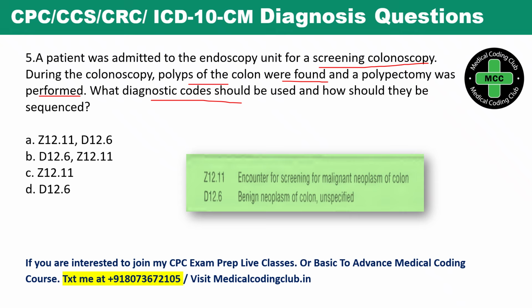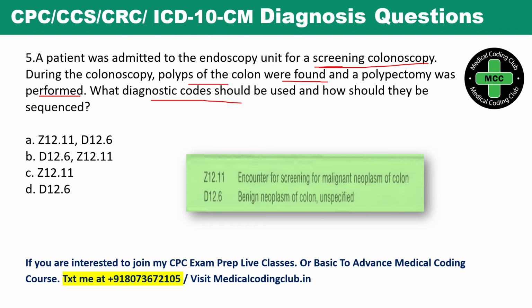Here the sequencing rule is applicable, and I keep telling you that the reason for encounter will be the primary diagnosis in most cases. So here screening is the reason for encounter, so you need to code the screening code first, then whatever abnormality they have found will be sequenced as a secondary code.